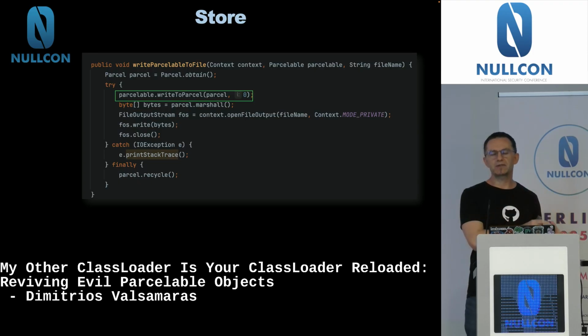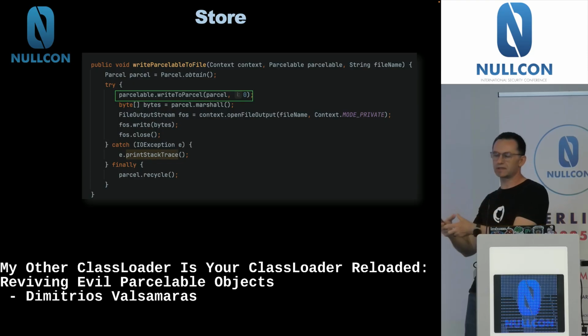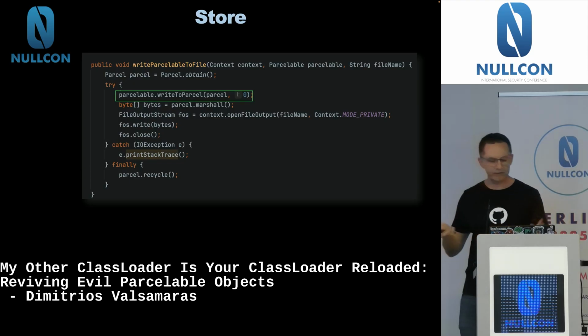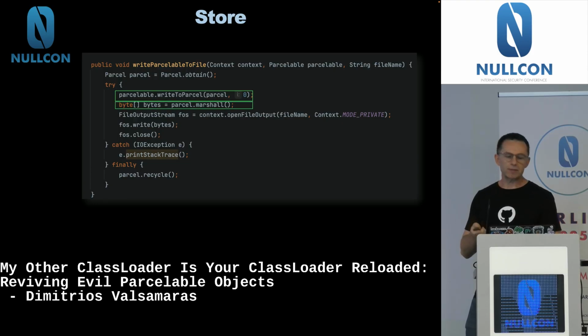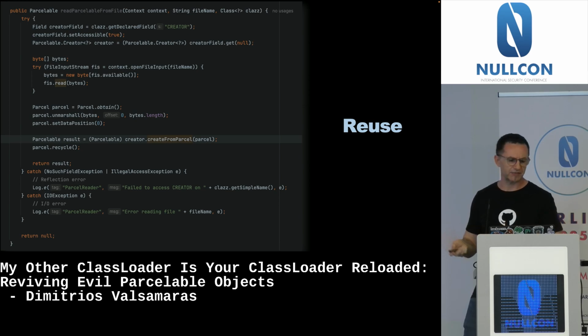Once again, we've got the parcelable. We can use writeToParcel to initialize this new parcel that we created with the data that we already have, or modified. Finally, we can use the marshall method of the Parcel class to create a byte array from this new parcel. And finally, of course, write it as a file.